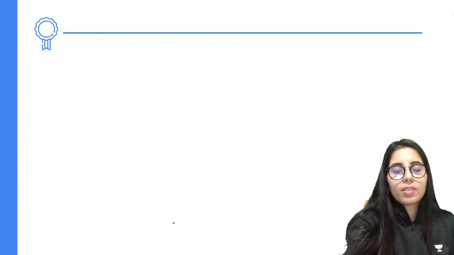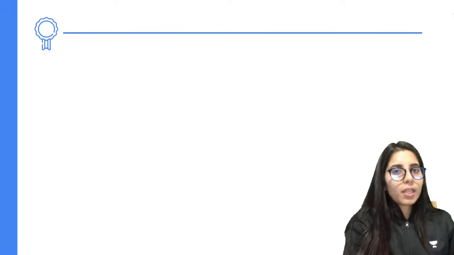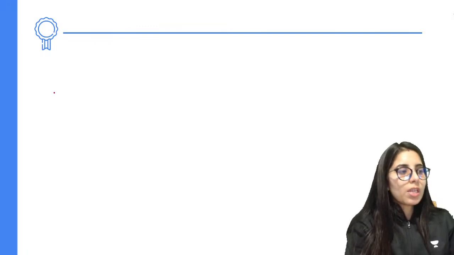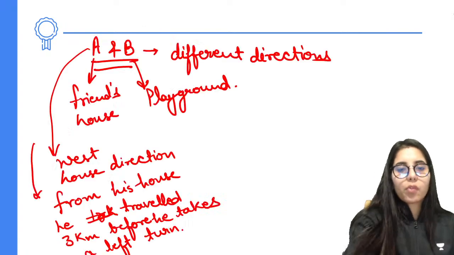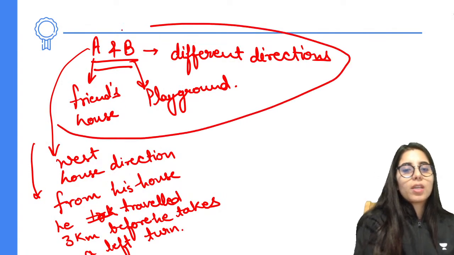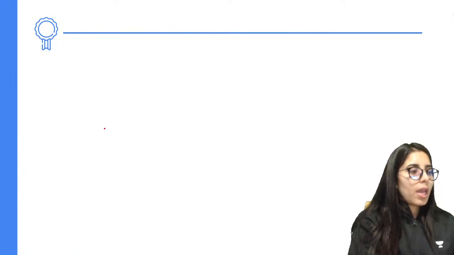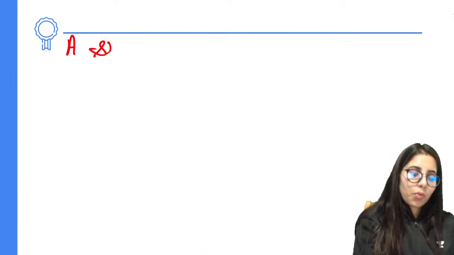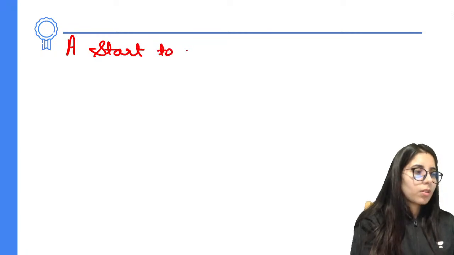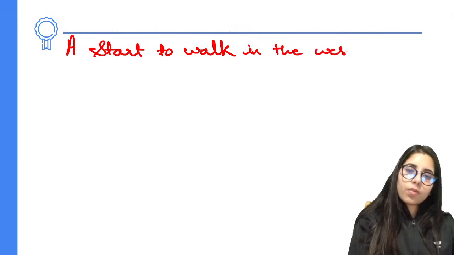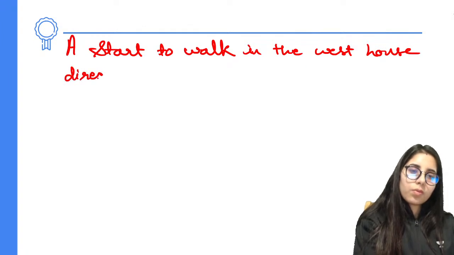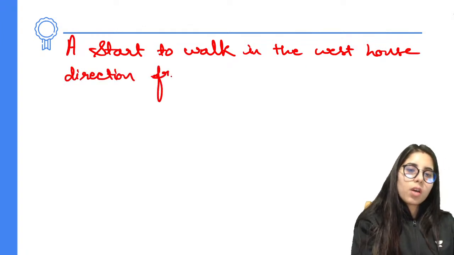So the first statement was clear to everyone, that A and B are brothers who started to walk in different directions to reach a friend's house and playground respectively. This part we will not mention because it's clear, and the rest is: A starts to walk in the west direction from his house.